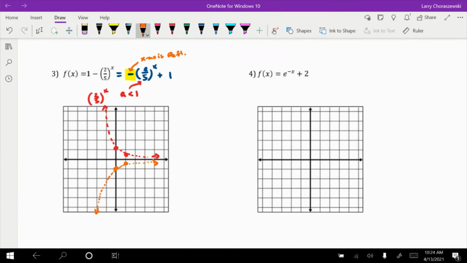And I just want to point out that the right end of this orange graph approaches the x-axis but never crosses or touches it. So the horizontal asymptote does reflect, but it kind of reflects onto itself since it's on the line of reflection. But that would be our graph of negative 2/5 to the x.